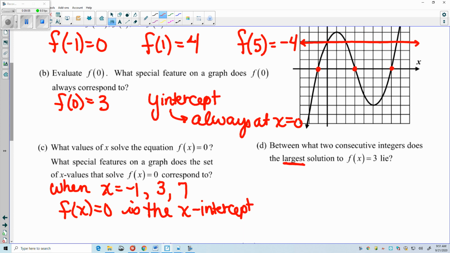So my largest solution, I'd have to read over to the right-hand side, and I am looking at somewhere here. And they're saying, well, what are those two consecutive integers? Well, it looks like this would be at x equals 7 and x equals 8. So I could say somewhere between 7 and 8.